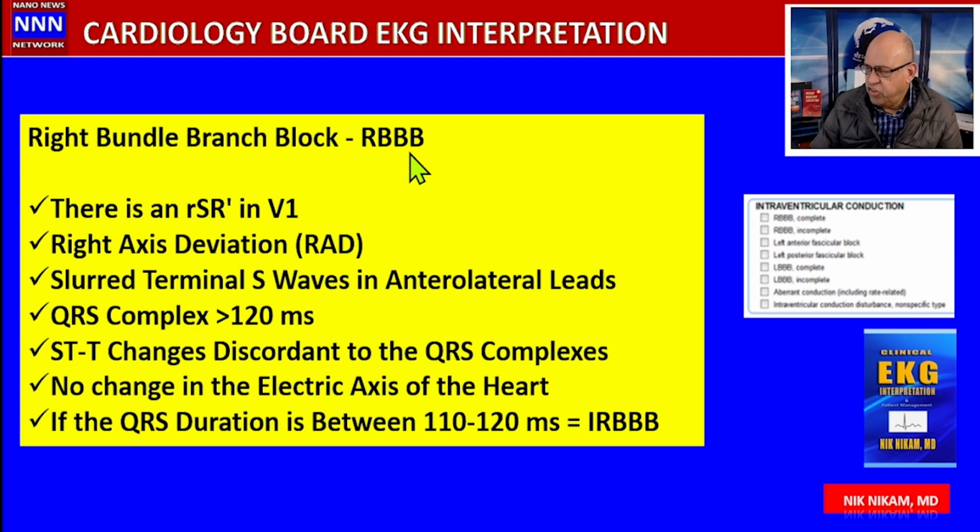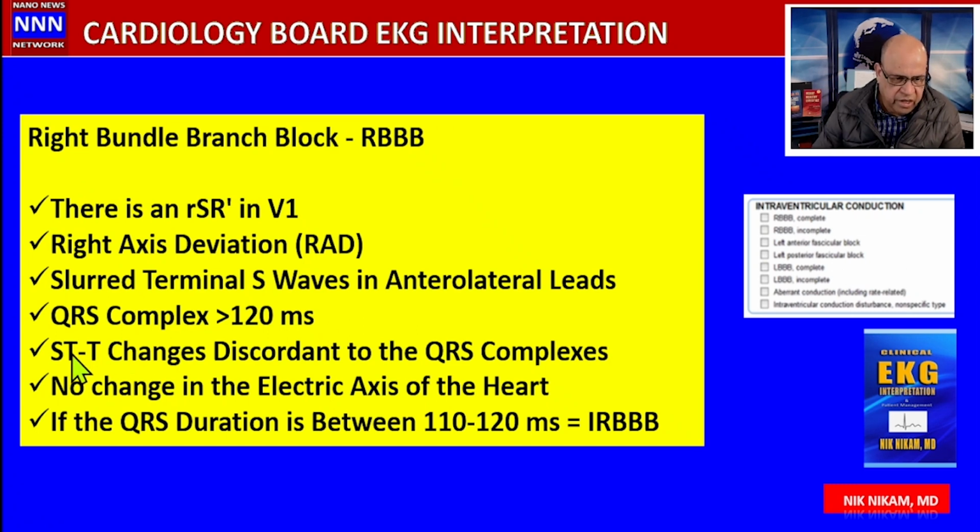Some of the salient features of right bundle branch block include an R, S, or a dominant R in V1. Then we may or may not have right axis deviation, but we are going to have a slurred terminal S wave in the anterolateral leads. I'm going to show you examples of all these. The QRS complex will be greater than 120 milliseconds or 3 boxes.